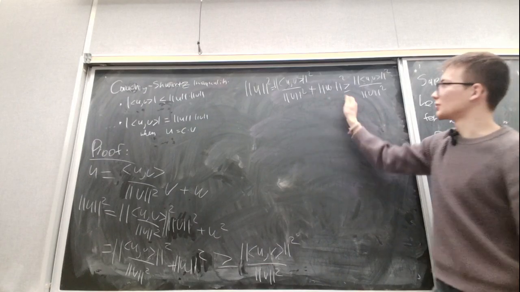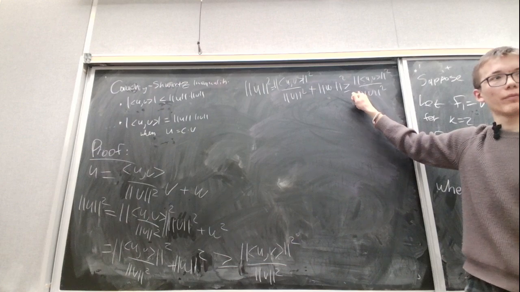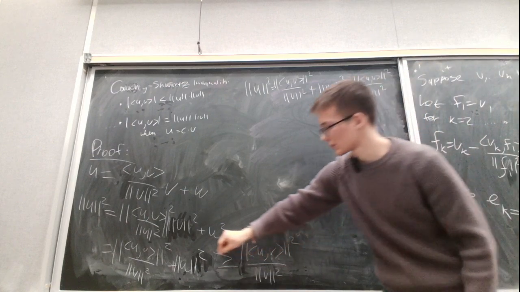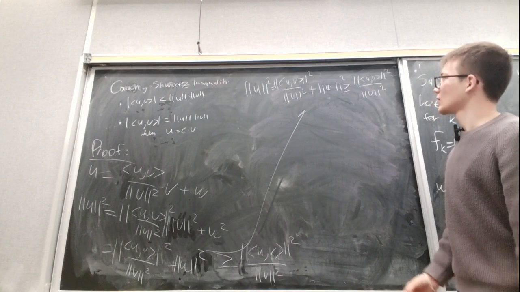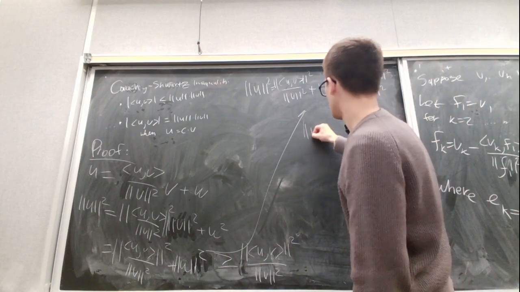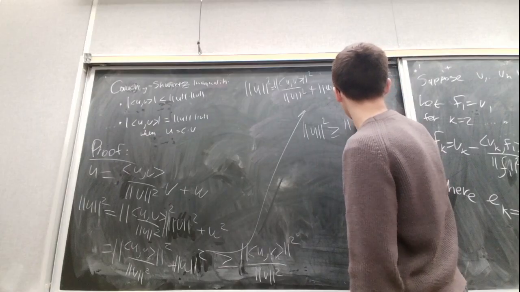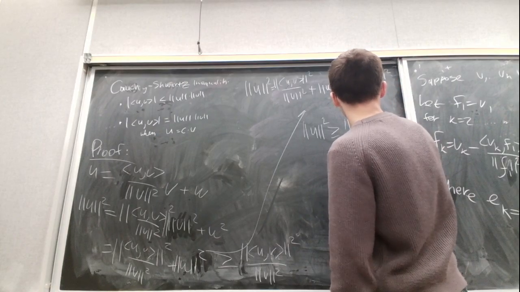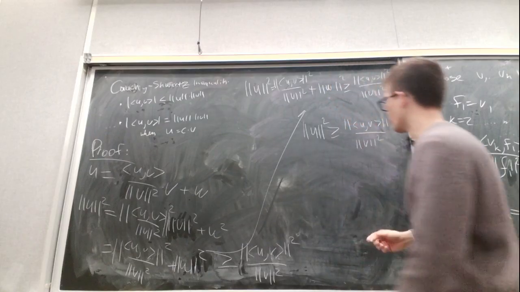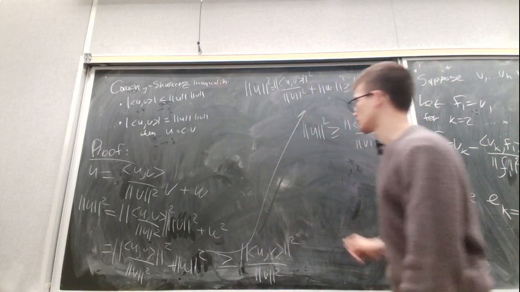That means this whole thing is greater than or equal to just one term. This goes here, so it goes on the same side. And then we have this vector, and then this. Which is basically what we want. Yeah, that's it.